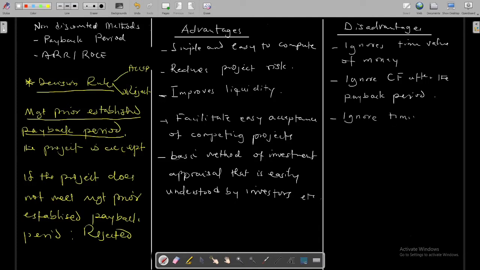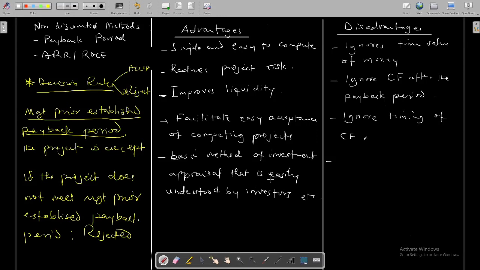Timing of cash flows. Now this point is different, because the timing of cash flows is basically when the cash flows come in. So whether it's year 1, year 2, year 3, up to the number of years that the project anticipates cash flows to arrive, the payback period does not consider the timing of the cash flows of the project.